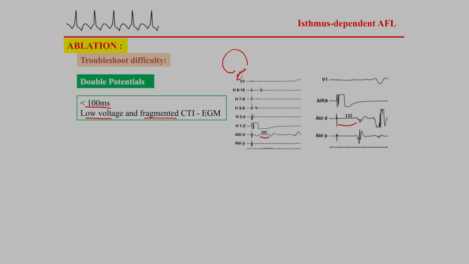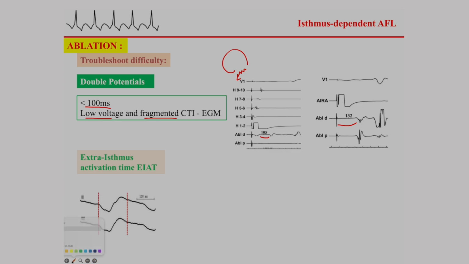To be sure, we have a lot of techniques that we can use. The first one is the extra isthmus activation time. If you remember, we have this plateau phase that corresponds to the isthmus, the trans-isthmus conduction time. And the remaining part is the extra isthmus activation that reflects the right atrium activation.